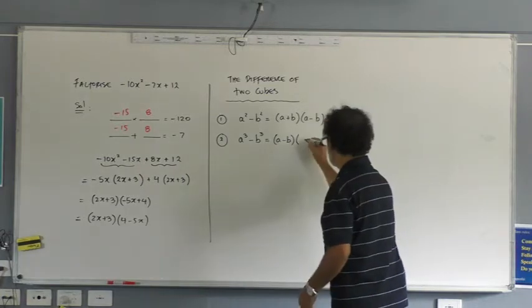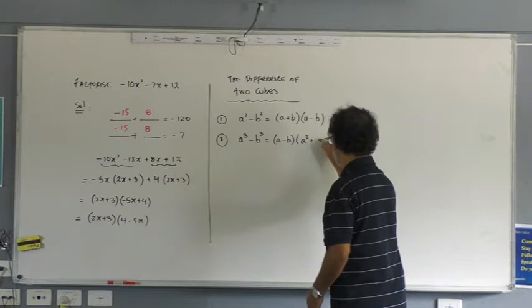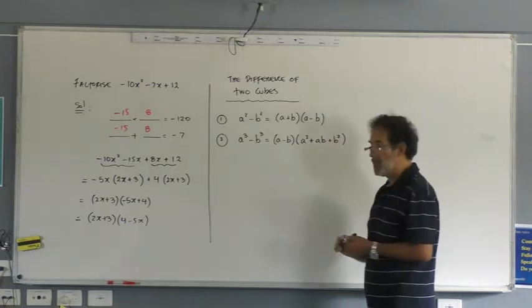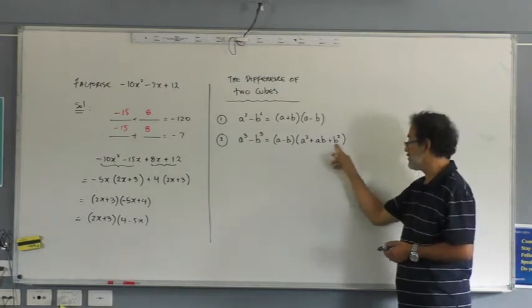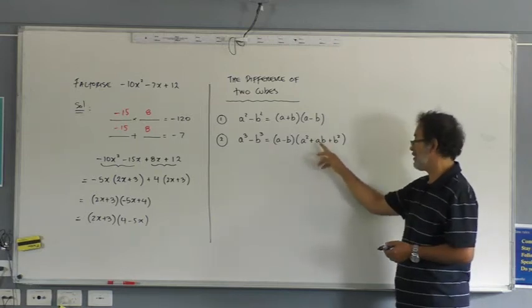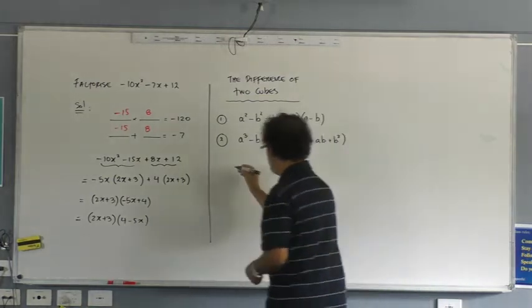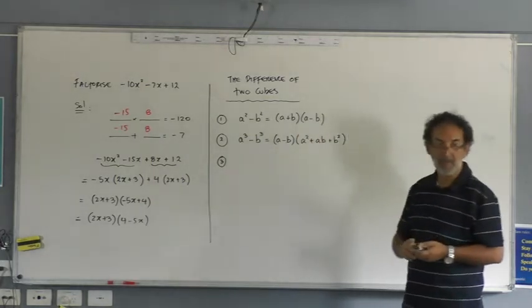But then in the inside, you're going to have a squared plus ab, and then plus b squared. Okay, so if you look carefully, this looks like the expansion of a perfect square, except that when you have a perfect square, you have a 2 in here. Why isn't there a 2 in there now? It's a different formula.